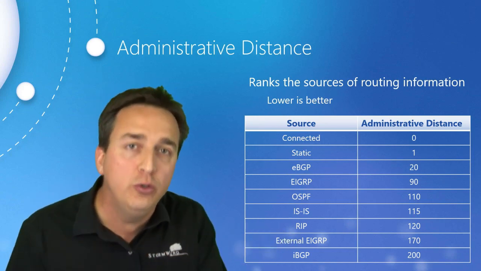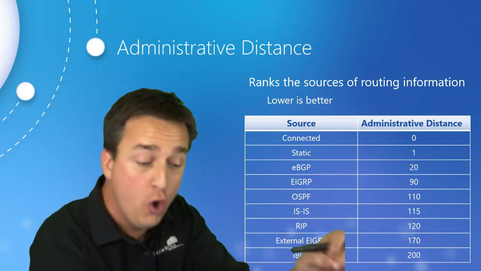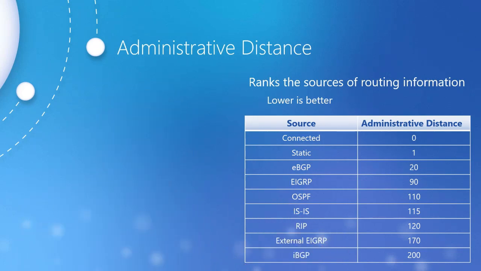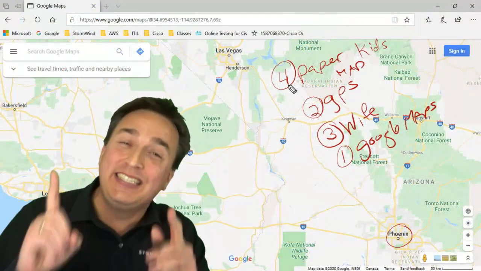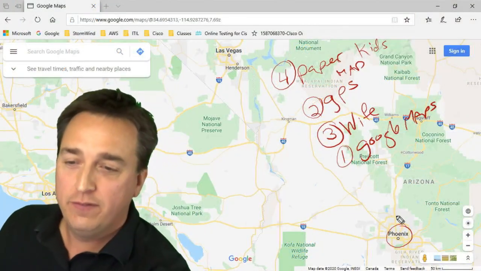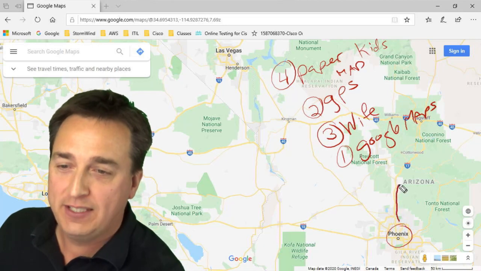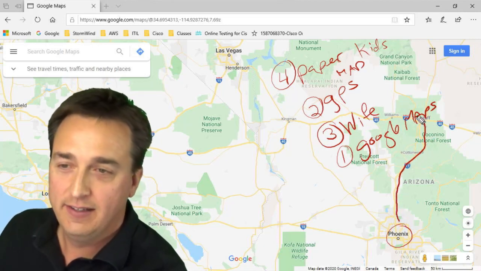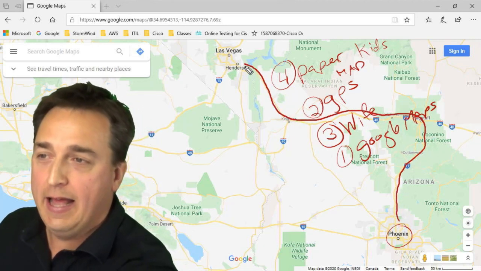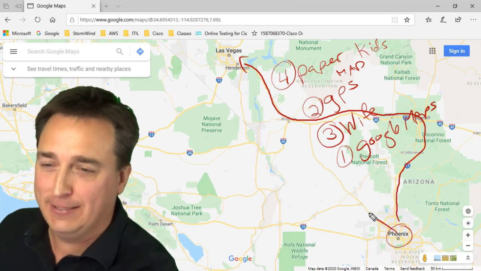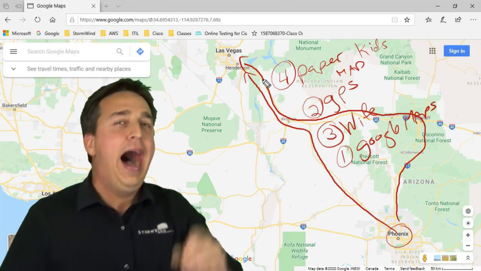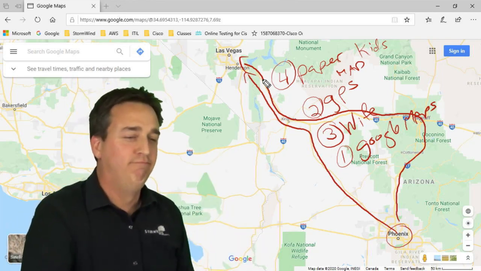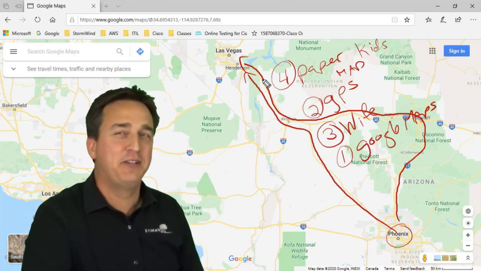Therefore, I'm going to use EIGRP right now, and I'm going to ignore OSPF. So that's what I'm doing here. I am saying that if Google Maps tells me to go this way, and my wife tells me to go this way, I ignore my wife. And that's what the router's doing.